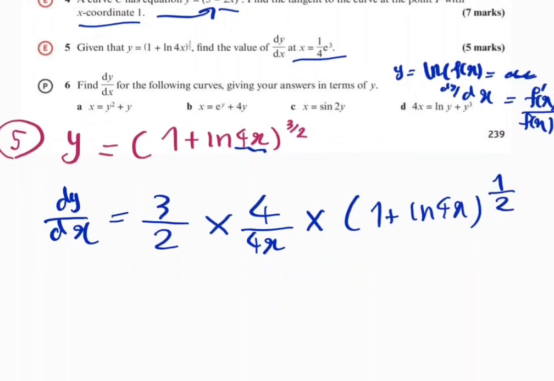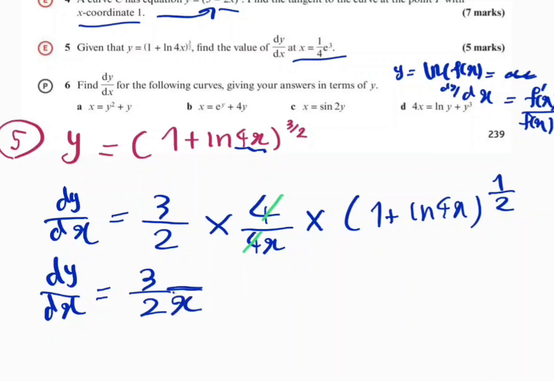So now let's simplify this. We get dy dx is equal to, so this 4 cancels out with this 4, and we have 3 over 2, or 3 over 2x, let's write that in this way, times (1 plus ln 4x) to the half.